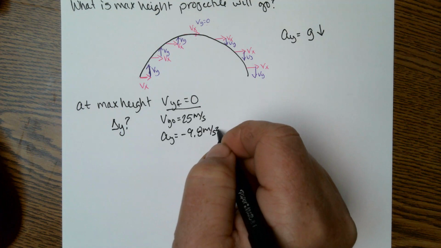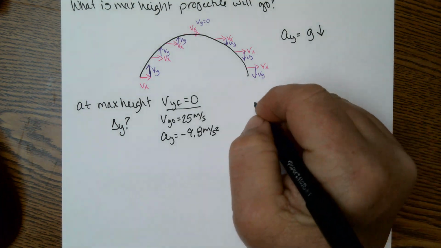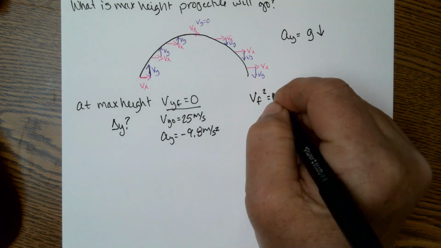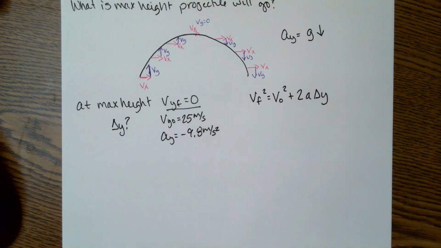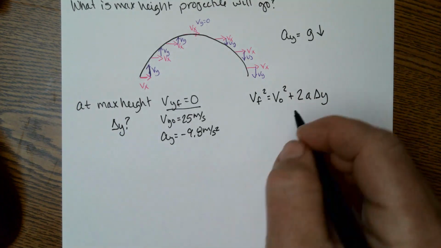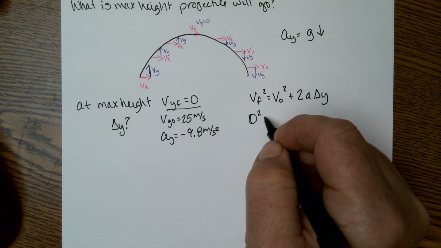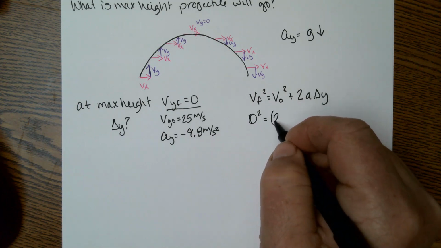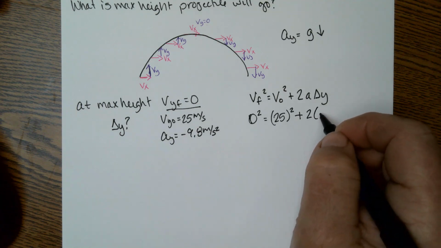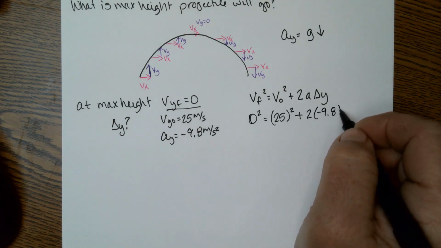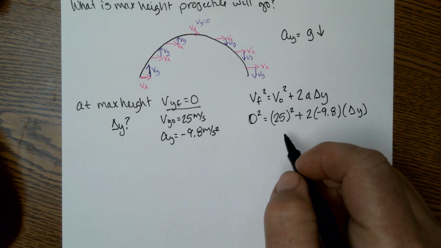If I look at that list of kinematic equations, these variables all occur in the third kinematic, the one without time. So I plug these in. Vy final is 0, Vy naught is 25, acceleration is negative 9.8, and delta y is what I'm looking for.